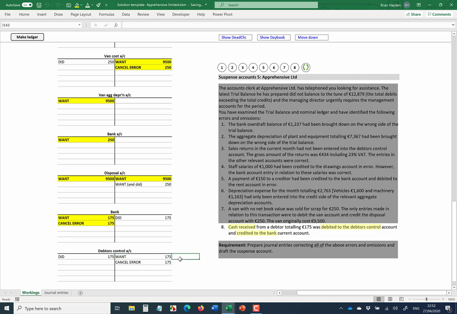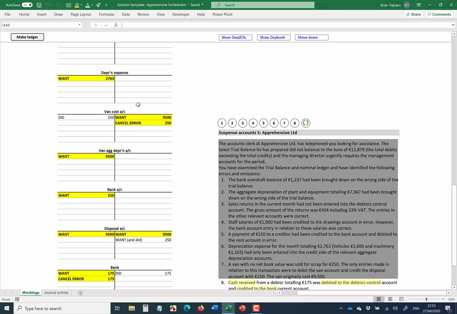Okay, so these are the corrections required. We're going to have to debit bank with a total of 350 and credit debtors with a total of 350. That's what I would call the rough work that I've gone through to identify the relevant fixes. I do want to stress that all these ledgers here don't actually gain marks in exam questions.